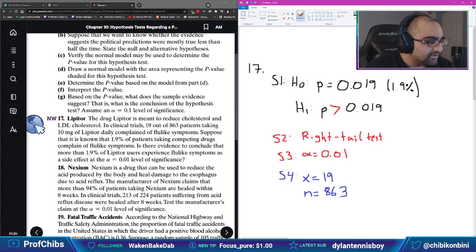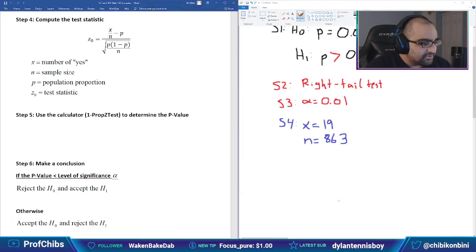Fair enough. Now, let's say we take all the values that we have, the X, the N, and the P, and plug them into the formula to find the test stat. You can use this as a nice little check. For the sake of this example, I'm going to write out the test stat using the formula off to the left.